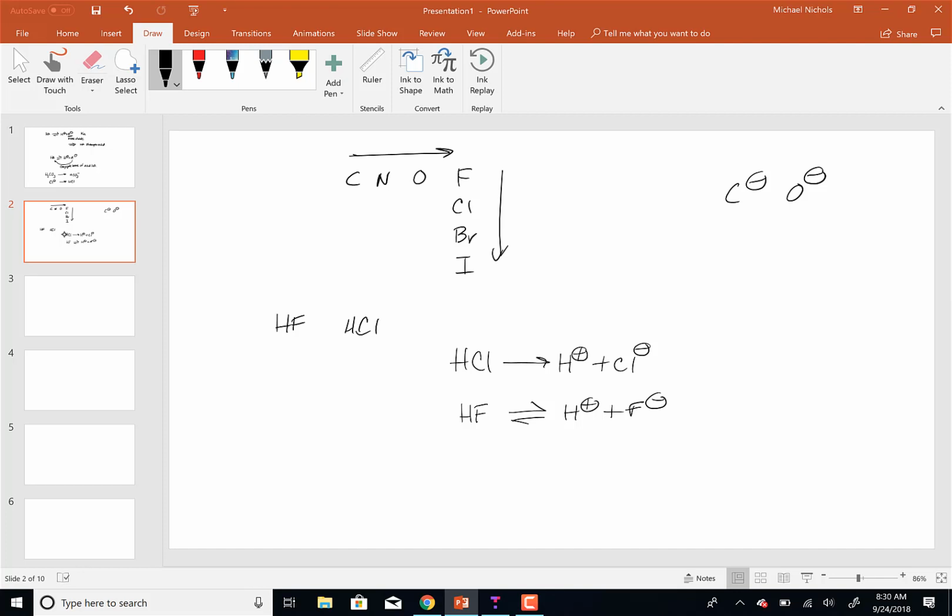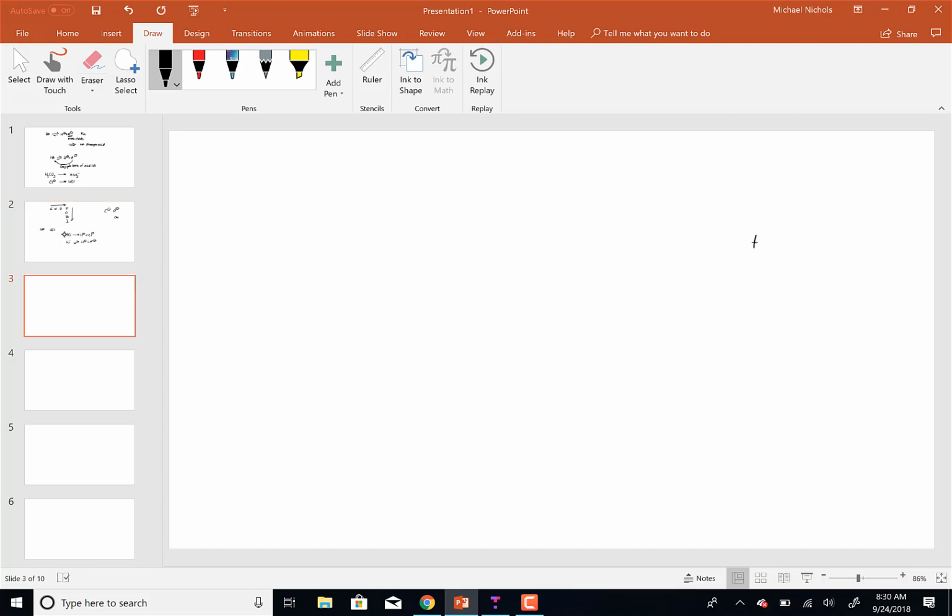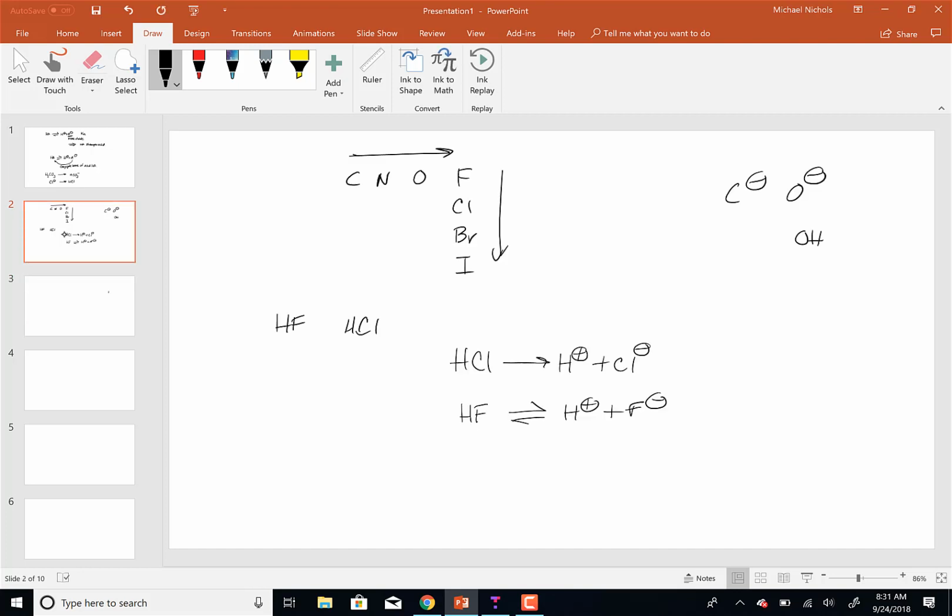The oxygen is a stronger acid, and therefore oxygen OH compared to CH, this is a stronger acid, which means it has a weaker conjugate base.